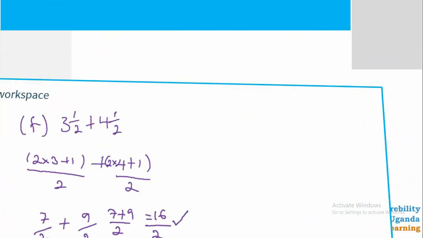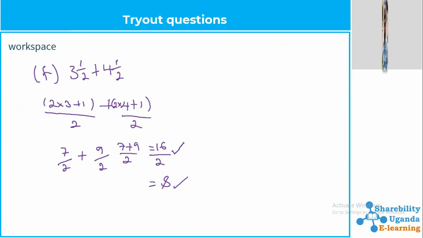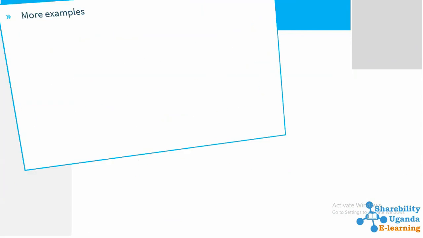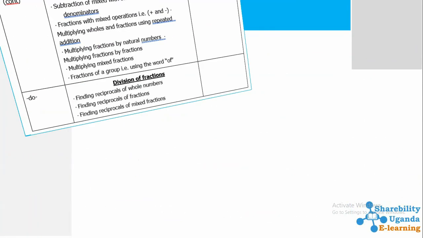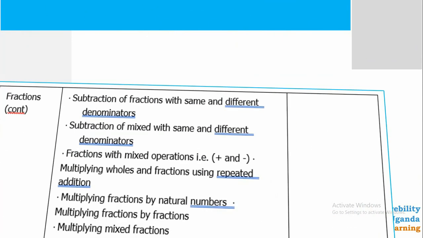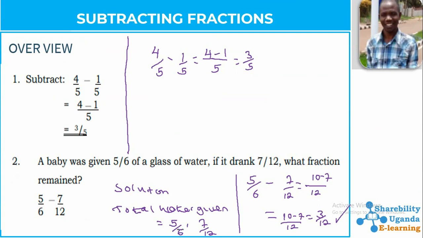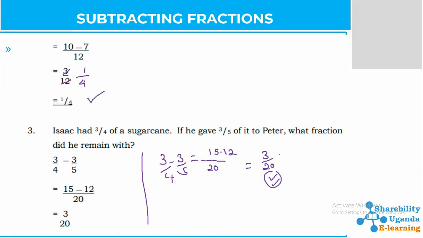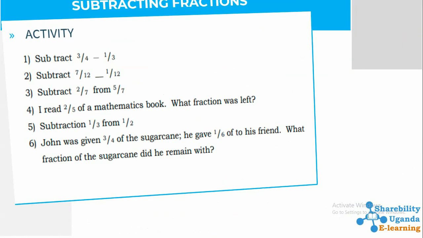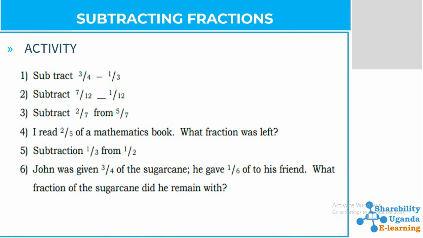Let's get started. This is where we give out more examples. So let's move ahead and look at these examples. These are our questions. In our questions, they always set them in this format, as you can see here.